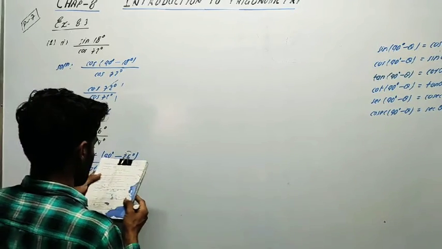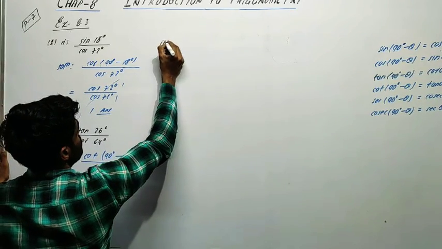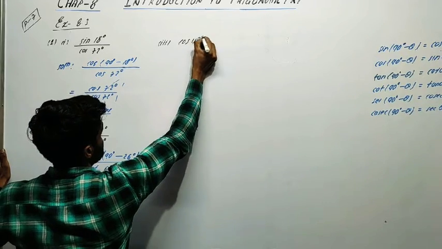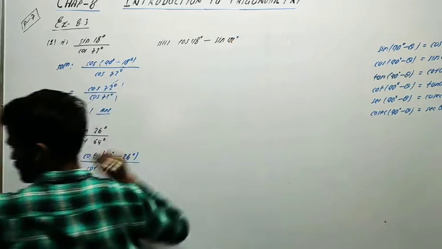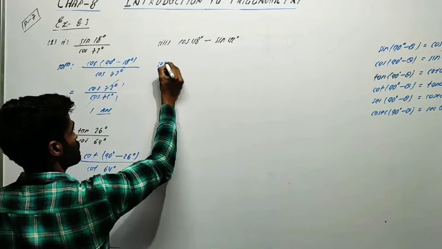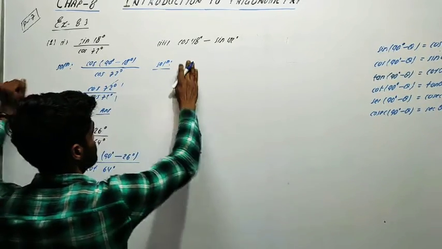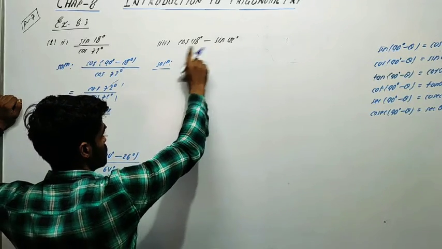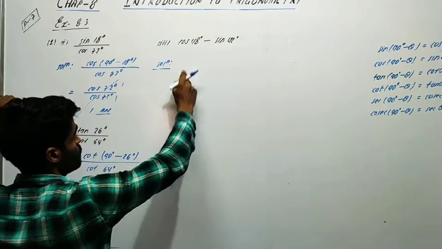Question number 3, cos 48 degree minus sin 42 degree. Solution. We will solve with the same procedure. We can convert cos theta in the form of sin or sin in the form of cos.